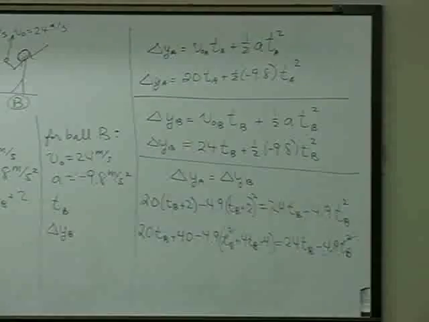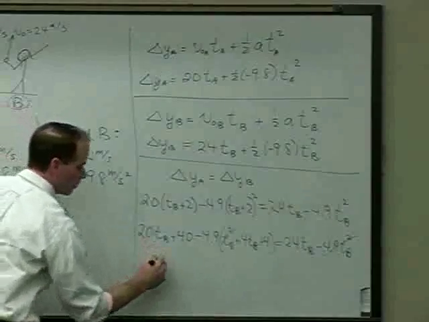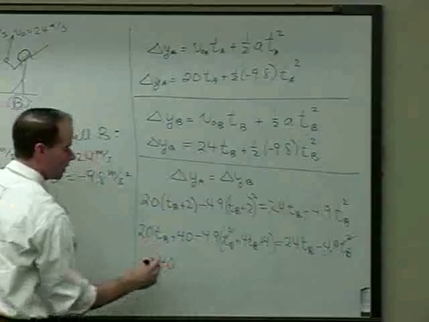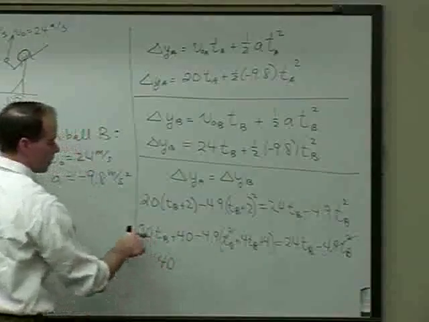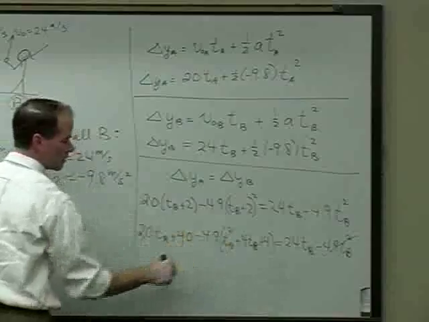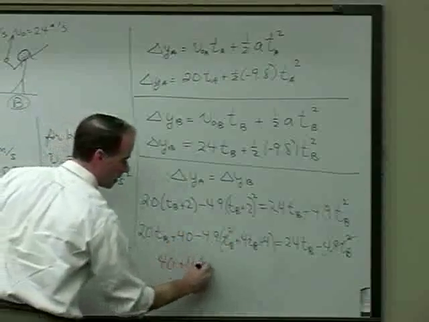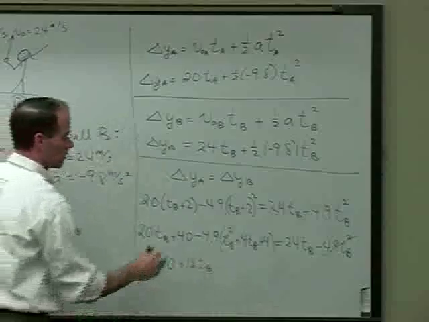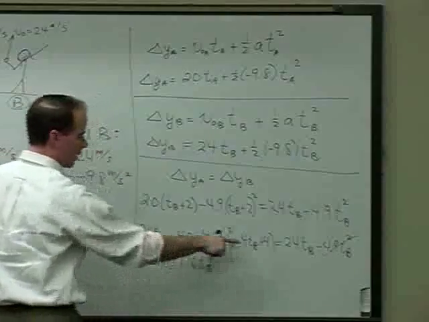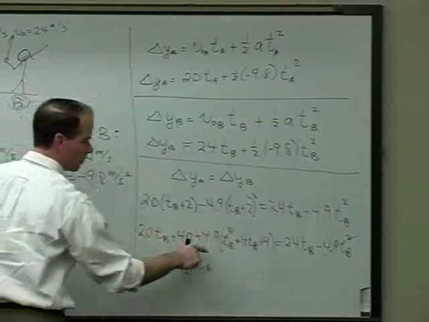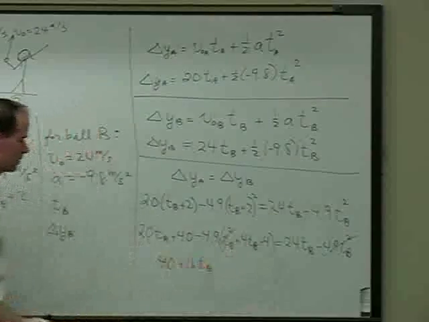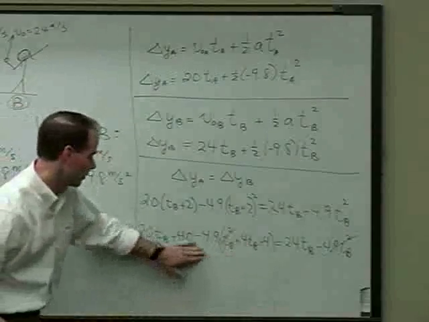And so now I have 40. 20 time for B minus 4 time for B will give me plus 16 time for B. And then minus, oh no, I got 4.9 times that. Better be careful.